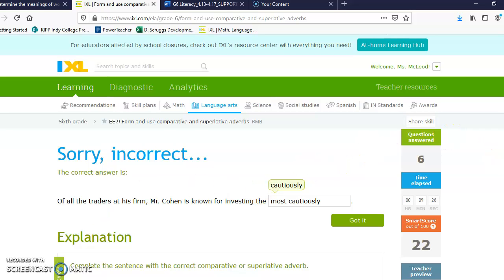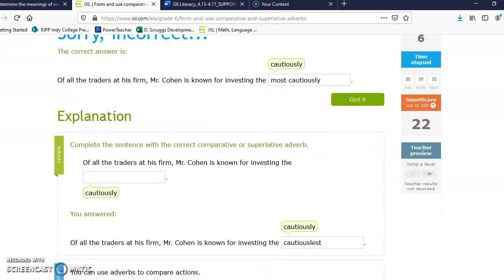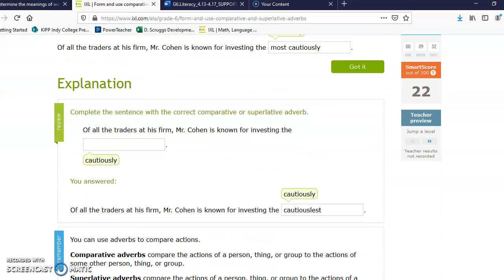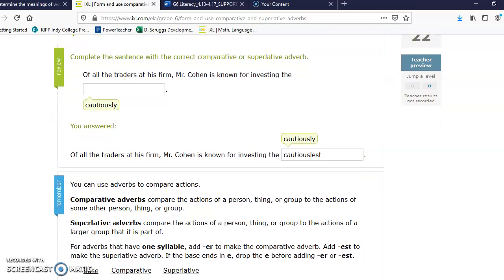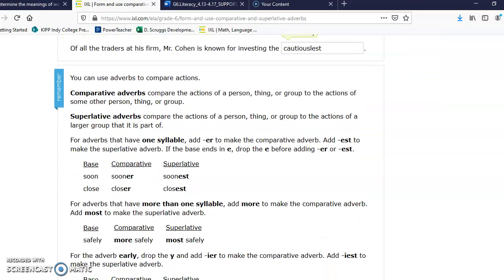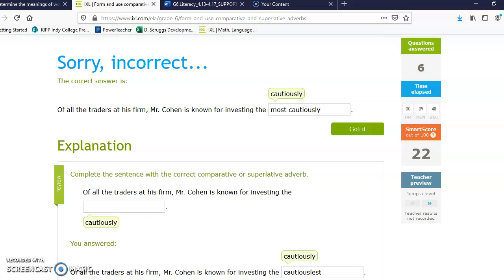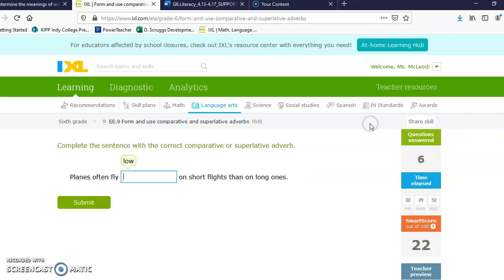Oh, that's not right either. Why is it not right? Because for the comparative adverbs, I either add est or er. So if the base ends in e, drop the e before adding er. All right, let's see if Mr. Scruggs can get another one right. I know you guys got it.